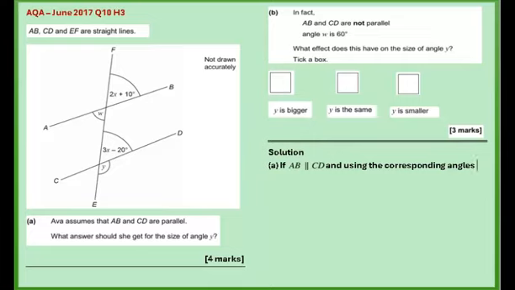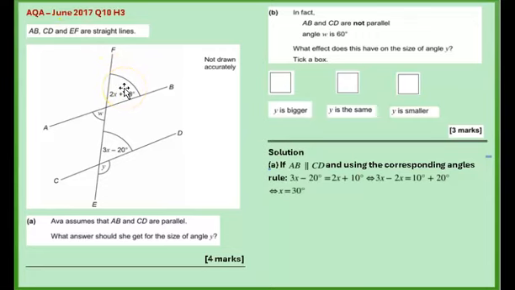So we equate 2x plus 10 equals 3x minus 20, and then we solve it, moving 2x to the right and minus 20 to the left. In the end, we get x equals 30.